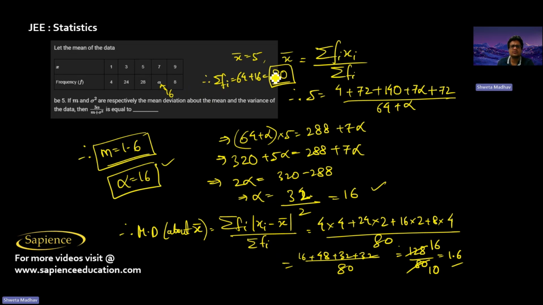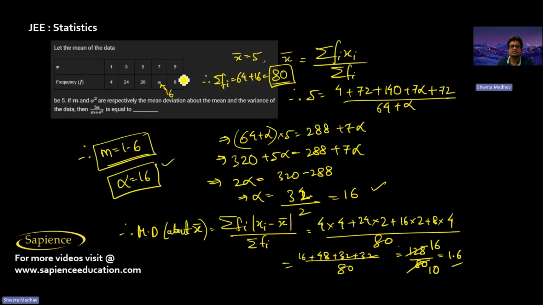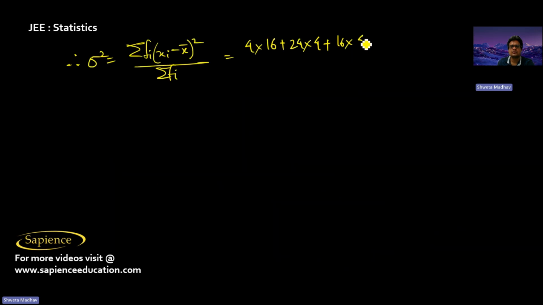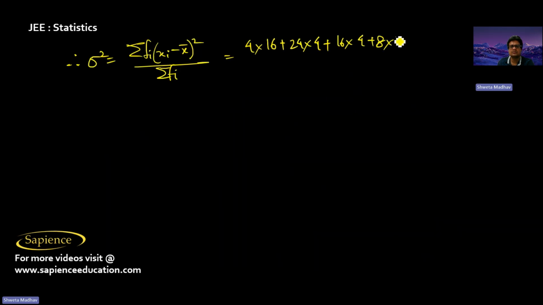So 16 into 7 minus 5 whole square, that is 2 square, that is 4, plus 8 into 9 minus 5 whole square, that is 16. So this divided by 80.